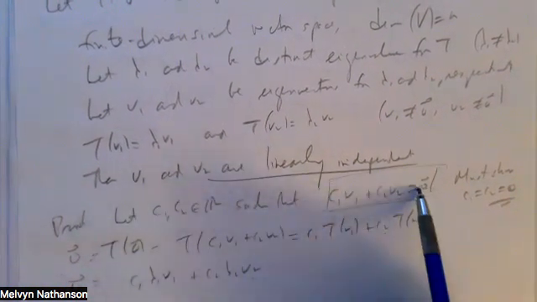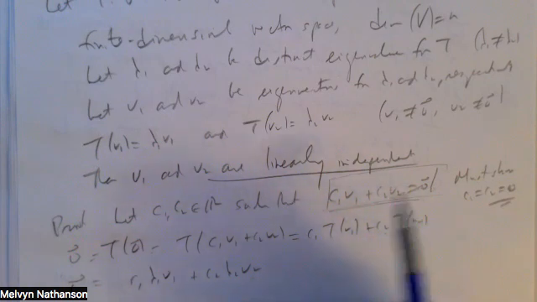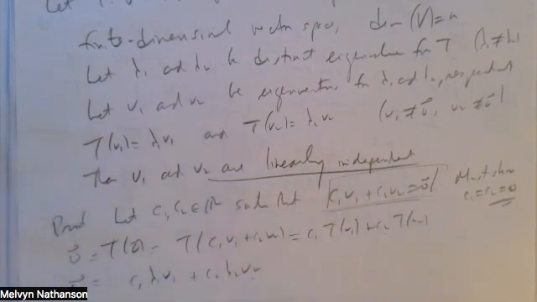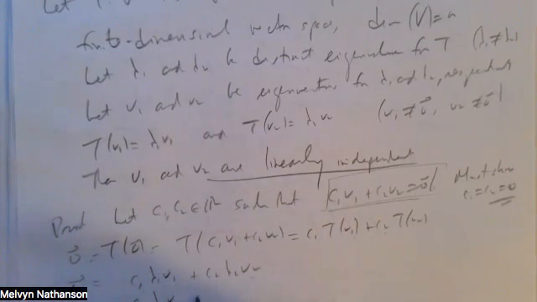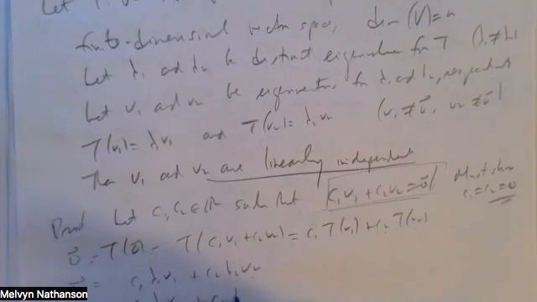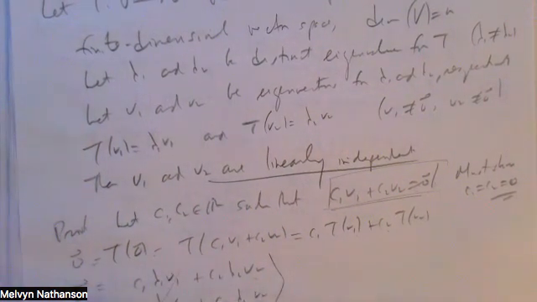Suppose I take this equation and multiply it by lambda 1. If I multiply this by lambda 1, I get 0. Multiply the 0 vector by any scalar, we're still 0. You get C1 lambda 1 V1 plus C2 lambda 1 V2. So I have these two equations. Subtract. When you subtract, these cancel.